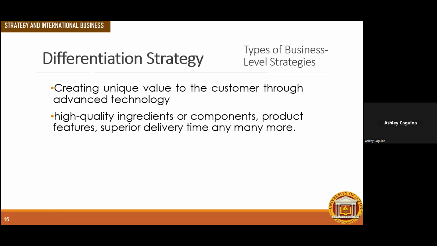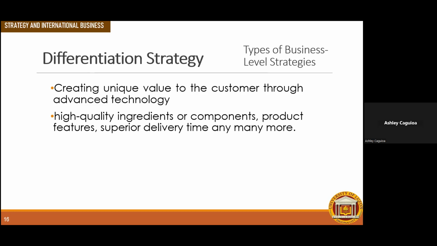When we say differentiation, iniiba niya yung product, I mean, mas nag-aano siya sa quality ng product kaysa sa quantity. So, they use advanced technology for this.